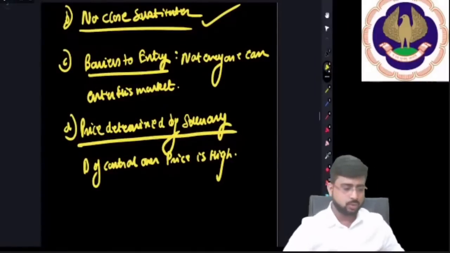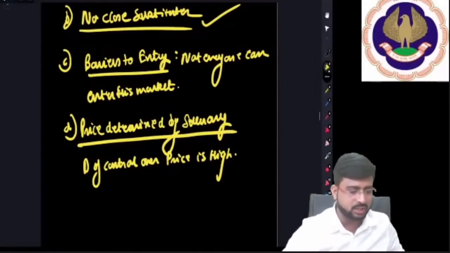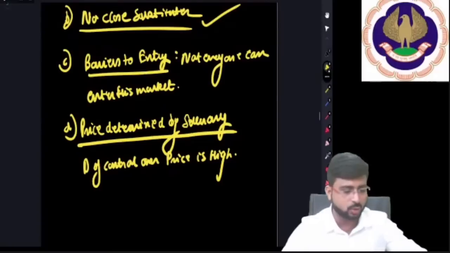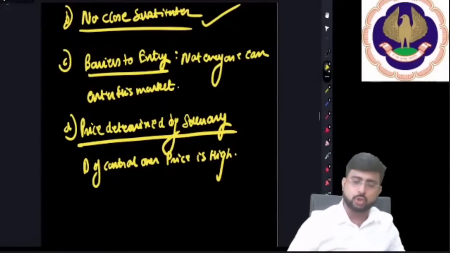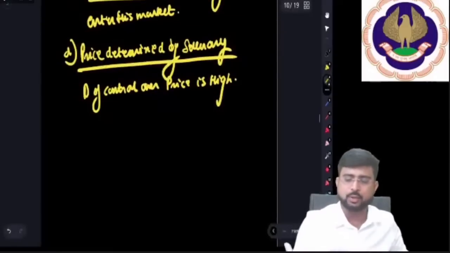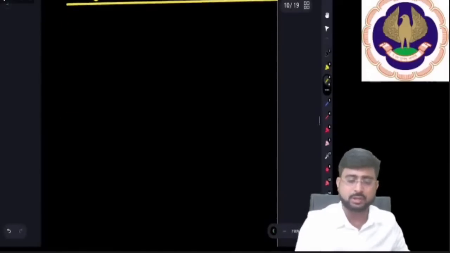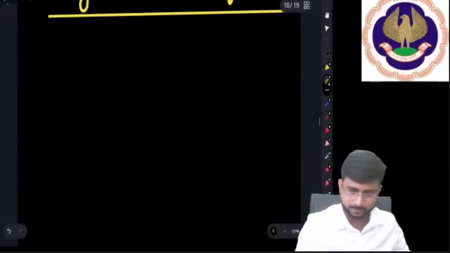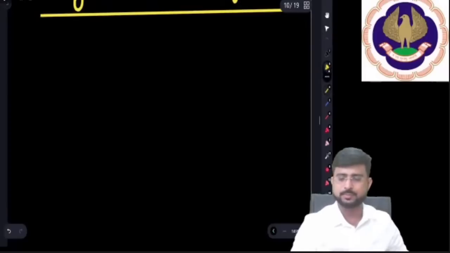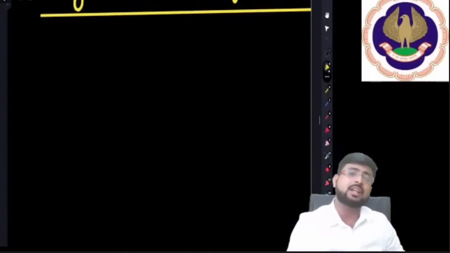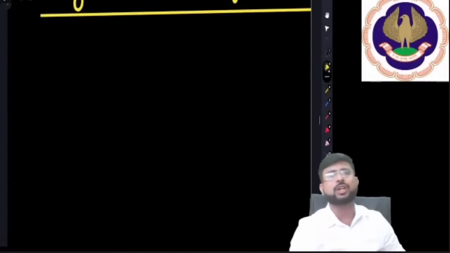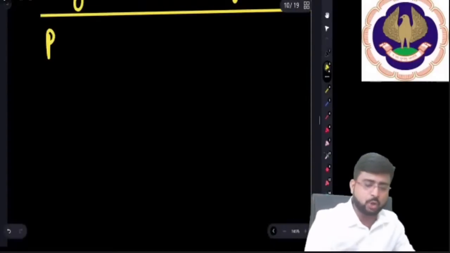Having said that, now the question is, why do monopolies arise, or how do they arise? Sources behind monopoly. You must be wondering what the barriers to entry are. If you were asking me, sir, you are telling us that there are barriers to entering a monopoly market, what are the barriers? This is what I'm explaining now.